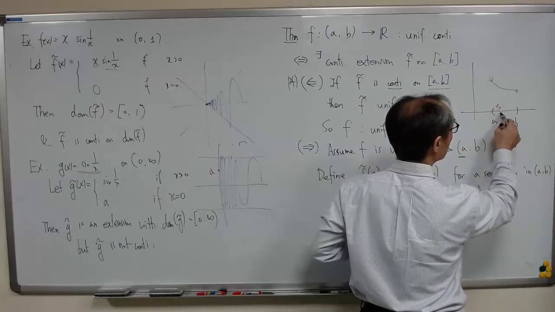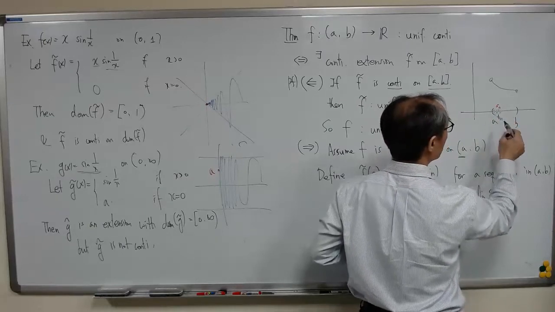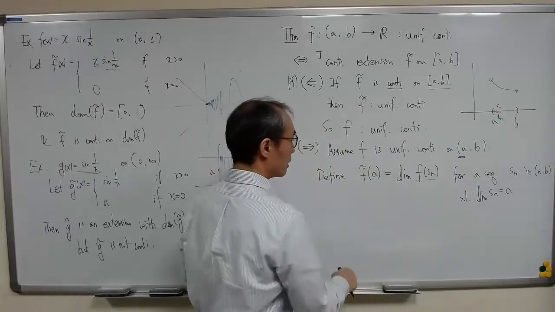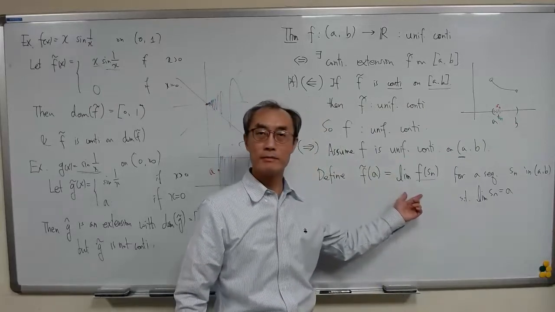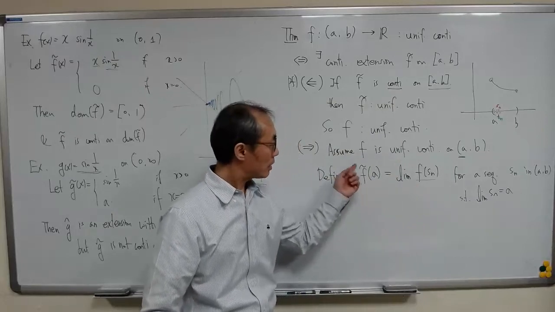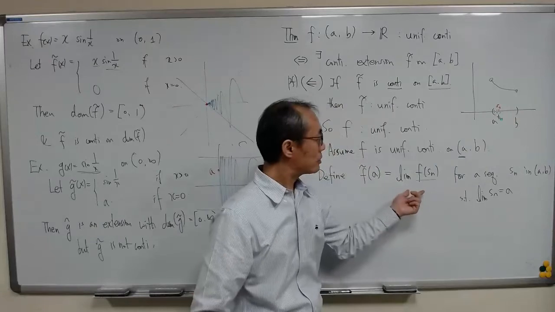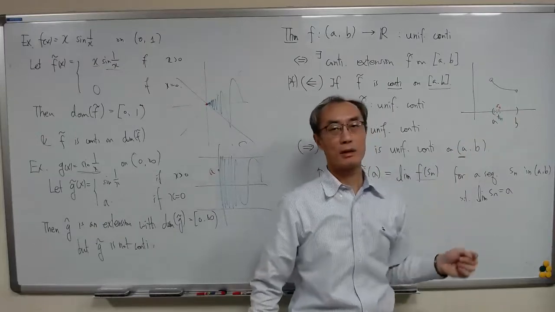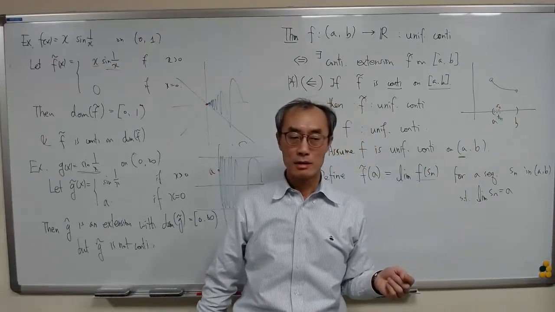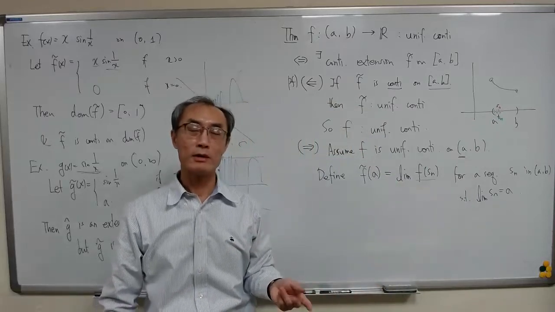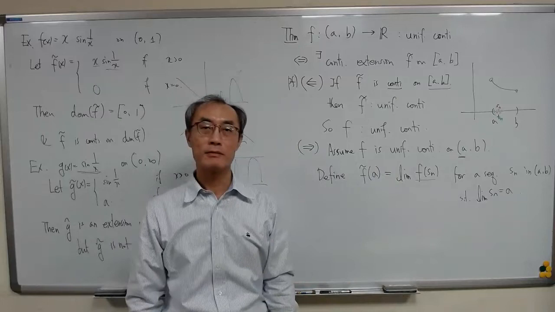Instead of Sn, there is another sequence Tn that converges to A. Then, is this a valid definition? You can define f tilde of A by using sequence Sn, or you can use a different sequence Tn.